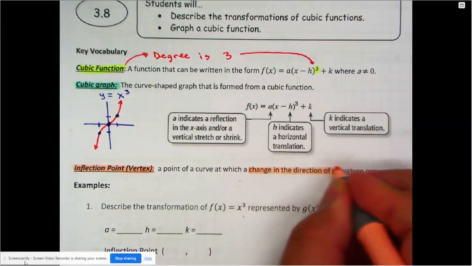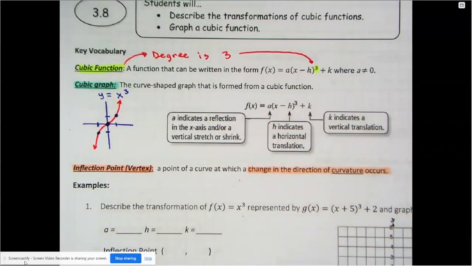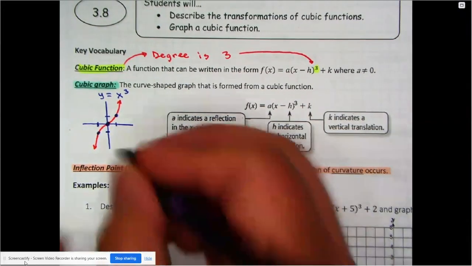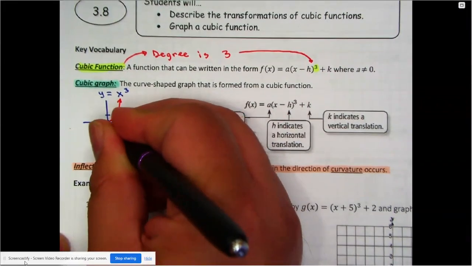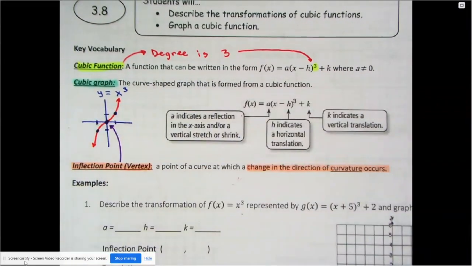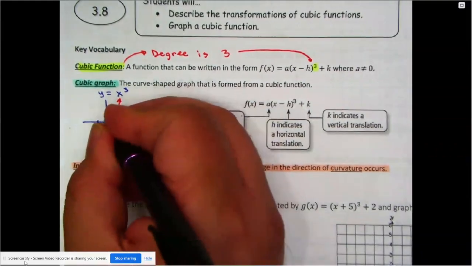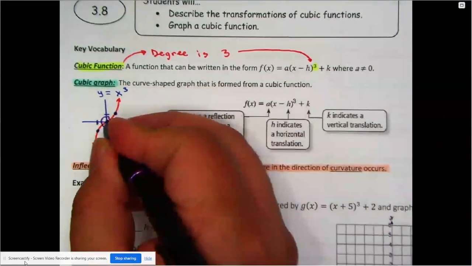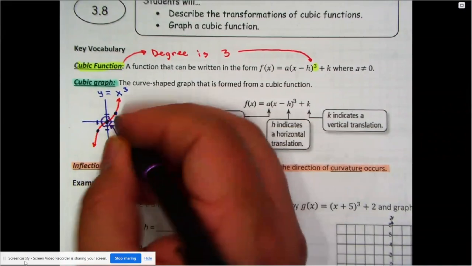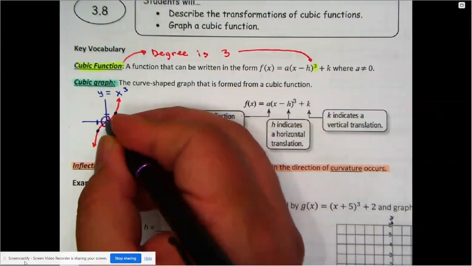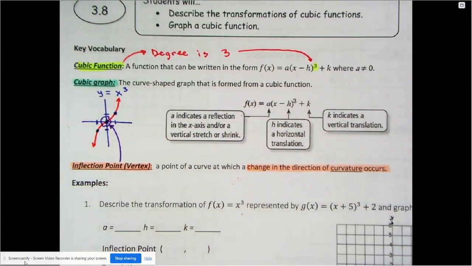So a change of direction in curvature. Well, that means this point right here. This would be our point of inflection. Notice how it was basically half a parabola heading down, but then it curves. Instead of coming back down again, it curves and starts to go up. So there's a change in curvature that happens there.